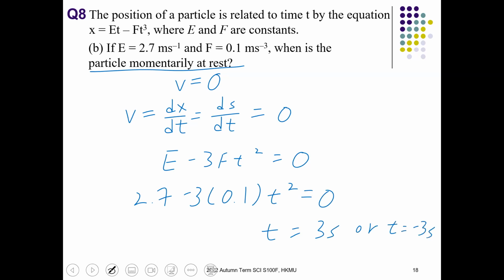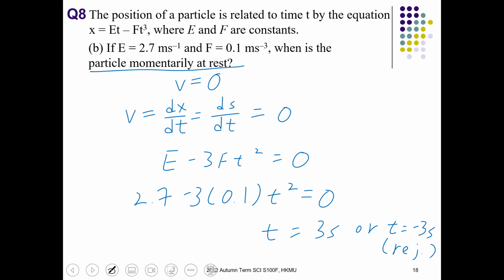Keep in mind that we have two solutions because this is a second order equation, with a power of 2 for t. In general, we reject the answer that is in the past, because what we are considering is the movement of the particle.